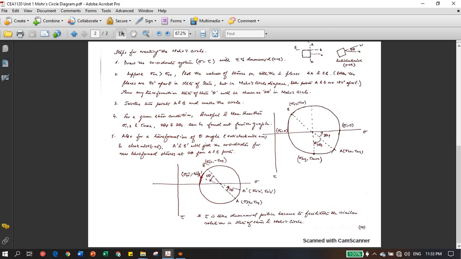We have reduced the equation in terms of normal stress and shear stress that are positive. If it is negative, the direction is different, so you have to put a negative sign. If sigma is negative it will come here, because this is the negative axis, this is the positive sigma axis, and this is the positive tau axis. You have to deal with it accordingly.